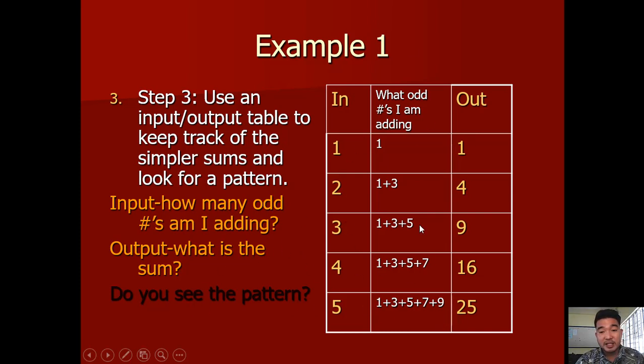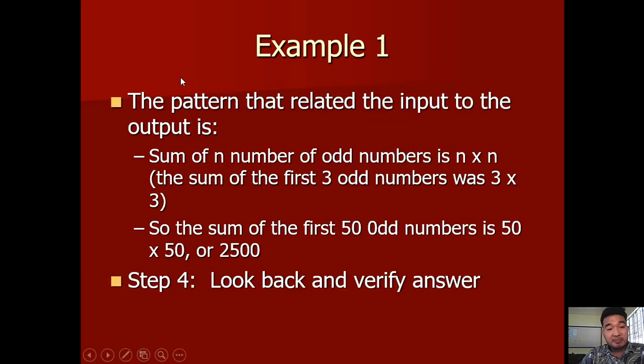And as you observe this table, you'll be seeing a pattern, right? So maybe we could have different pattern observations from this table, but still, that's a pattern na pwede natin gamitin para maging basis natin in adding the first 50 odd numbers.